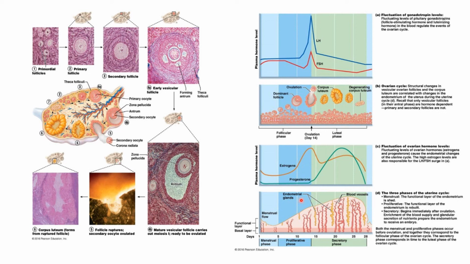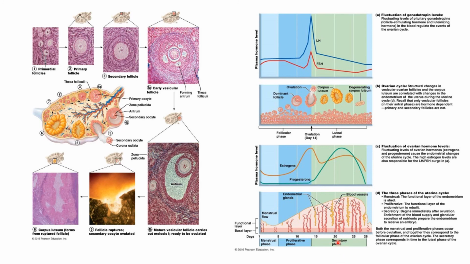So that's why during that stage you want the cervical mucus to become less thick, to make it easier for the sperm to reach the egg. At the end of the proliferation phase, around day 14, ovulation is going to occur, again because around day 14 we are going to have the LH surge.